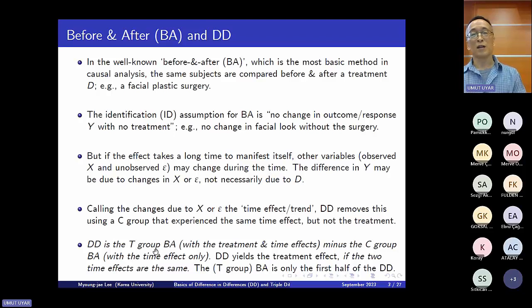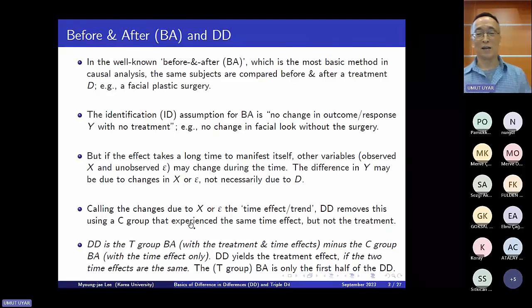And DD subtracts the control group BA, which contains only the time effect, from the BA of the T group, which contains both treatment and time effects. So the result would ideally show just the treatment effect itself. But there is a critical condition that the time effect included in the first BA is the same as the time effect included in the second BA. That is the main assumption needed for DD.